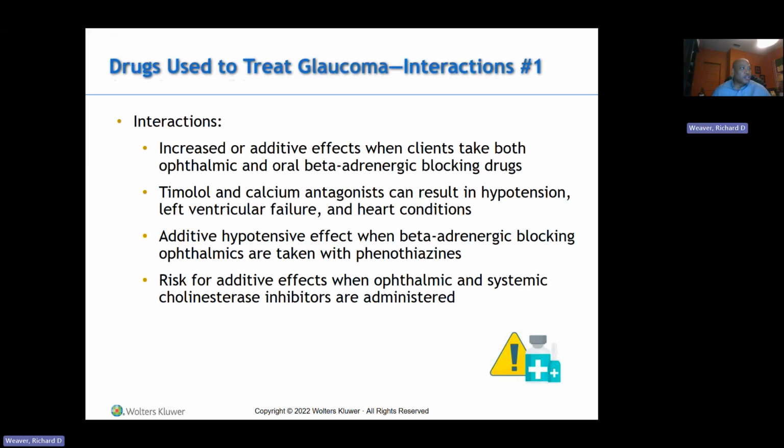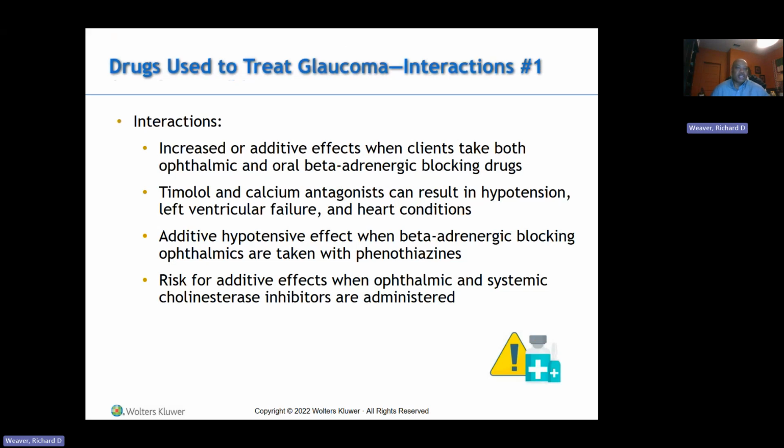As far as interactions, drugs that are used with glaucoma drugs and how they interact. The client taking beta adrenergic blocking drugs for ophthalmic reasons may experience increased or additive effects when the drugs are administered with oral beta adrenergic blockers.